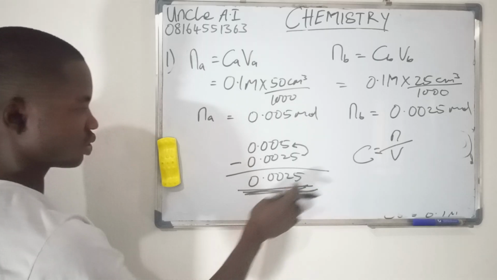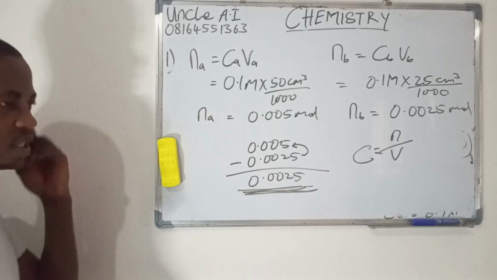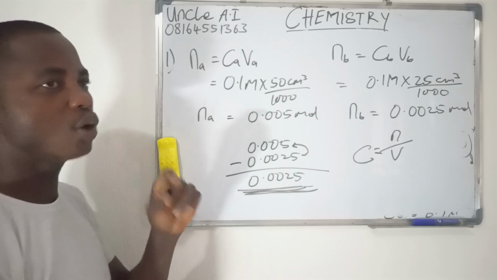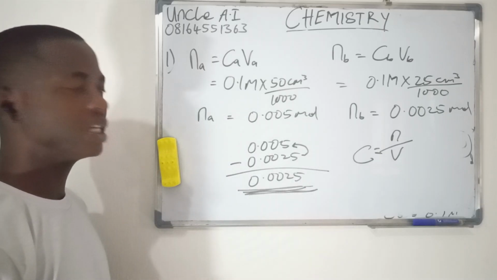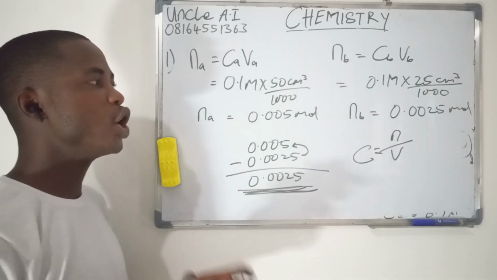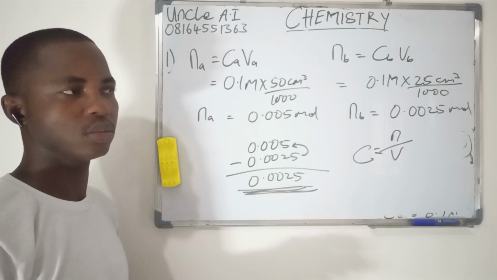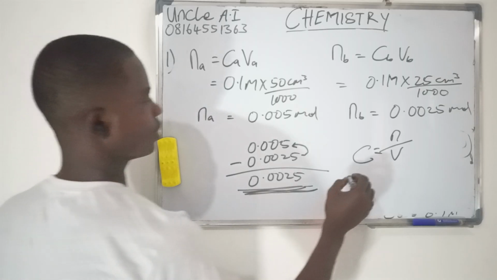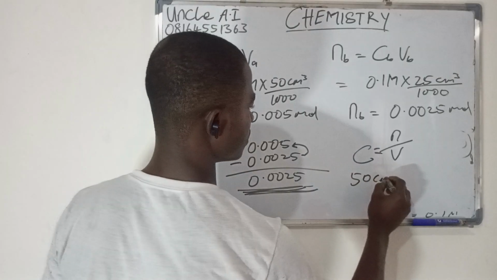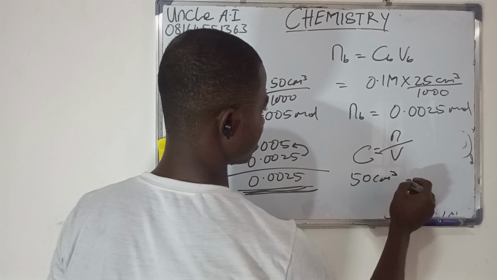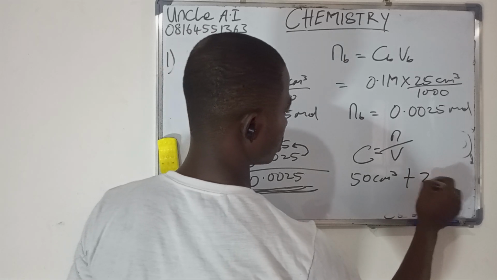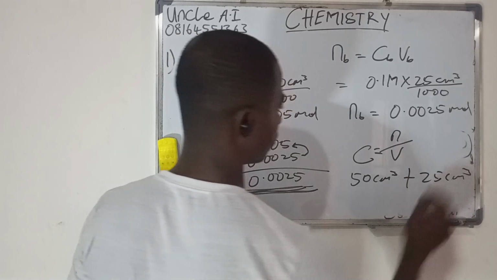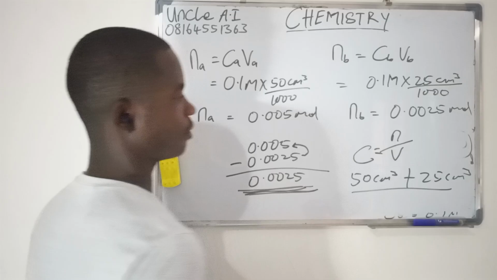Look at it, the concentration of unneutralized hydrogen ion. That unneutralized hydrogen ion is in a solution that contains 50 cm³ of acid and 25 cm³ of base. That is the total volume.